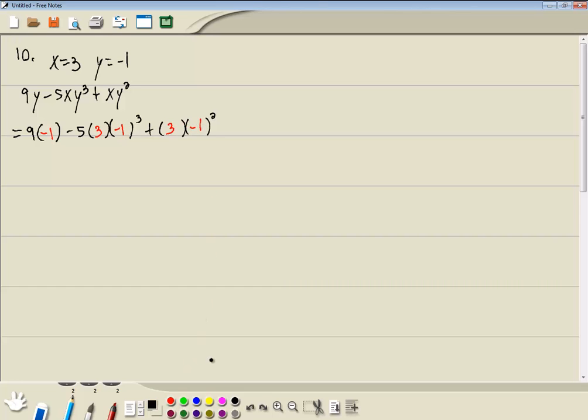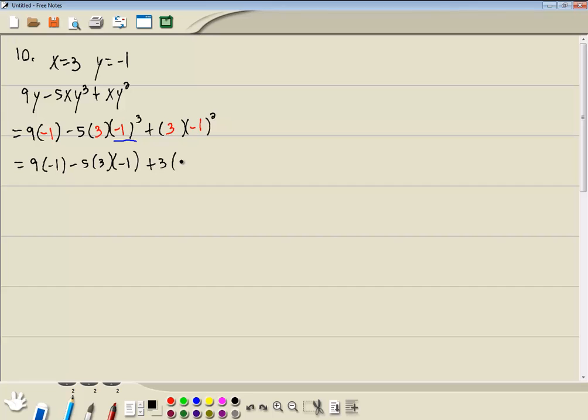Okay. Order of operations. Please do what's inside the parentheses. There's nothing to do inside the parentheses. Excuse exponents. Well, here's our first exponent, negative 1 third power. So we're going to have 9 times negative 1 minus 5 times 3. Now negative 1 third power gives us a negative 1. Negative 1 times negative 1 is a positive 1 times another negative 1 is a negative 1.